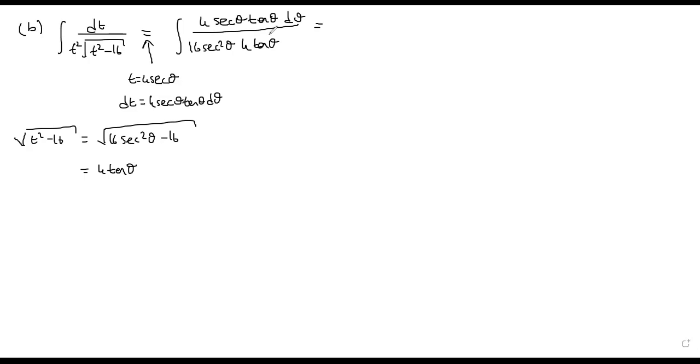Now simplify these. What do we get? 1 over 16 d theta over secant theta. Secant theta is equal to 1 over cosine, so we have cosine theta d theta, and this one's integral is equal to sine theta.